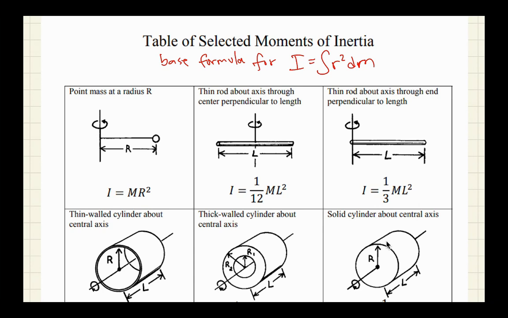So the long and the short of it is, in the history of the AP exam, anytime moment of inertia has come up, they've given you the formula or asked you how to derive the formula. If they give you the formula, you just use the formula. If they ask you how to derive the formula, then you would write this equation and move on.